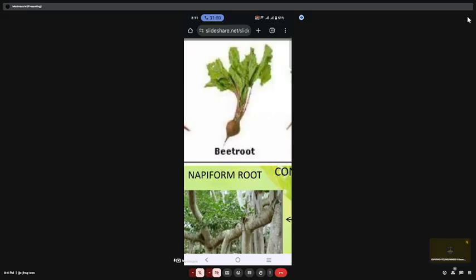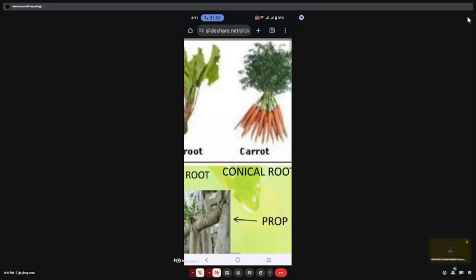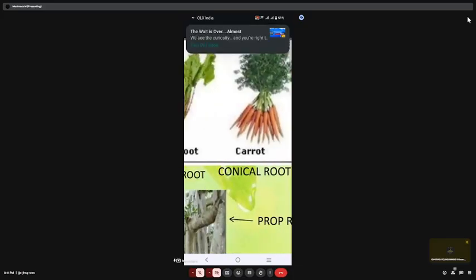Take the example of the carrot: the carrot is conical. The storage taproot tapers gradually from base to tip; first the base is a little bulged.